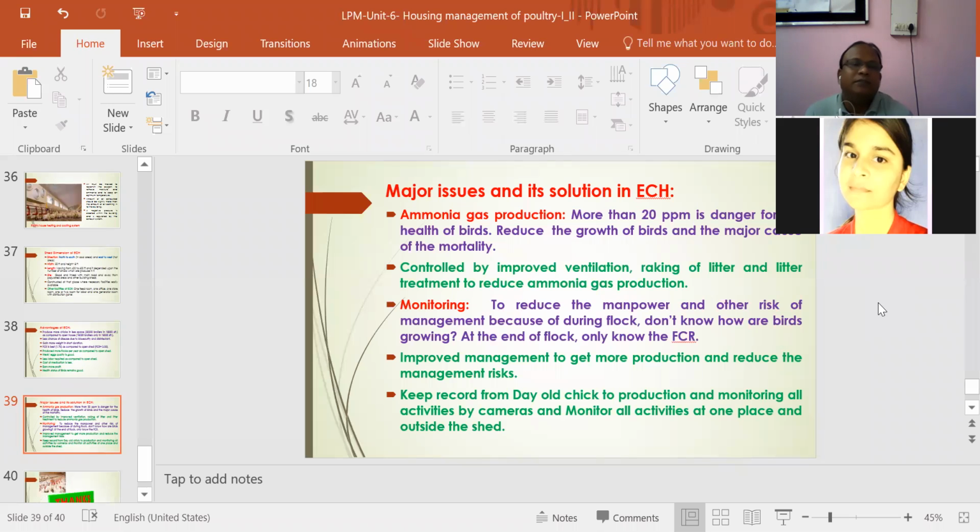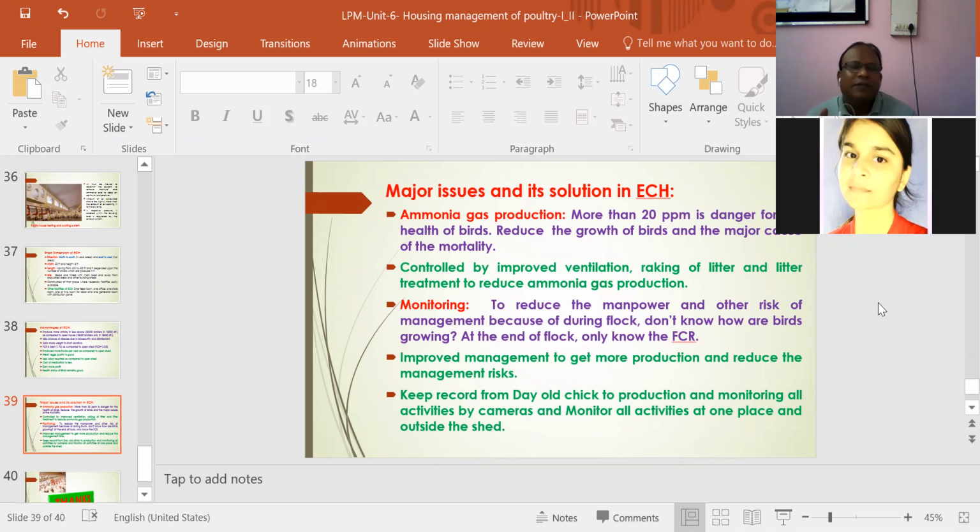Second major issue is monitoring. Monitoring requires more manpower. So how can we reduce the manpower? Another risk of management is that during the flock we do not know how the birds are growing, because a large number of birds are kept in a shade, so we can't know how they are growing and how they are eating.